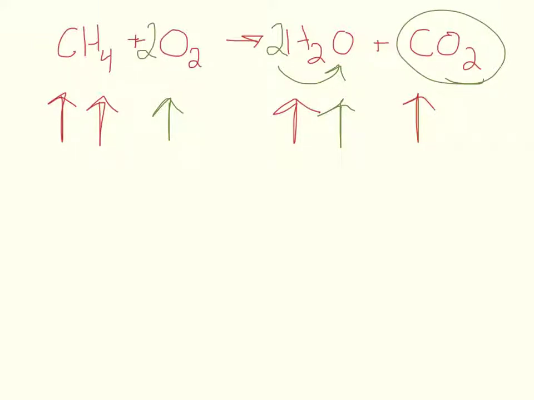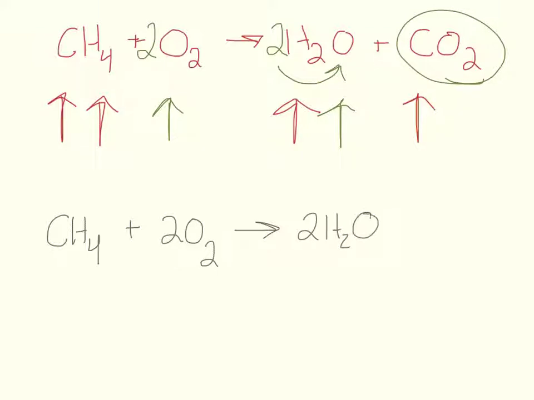The final form of our equation is CH4 plus 2O2 reacts to produce 2H2O and CO2. This is our equation. Now this is not a thermochemical equation yet because we haven't looked at the energy associated with this reaction. Right now it's just a plain old chemical reaction.